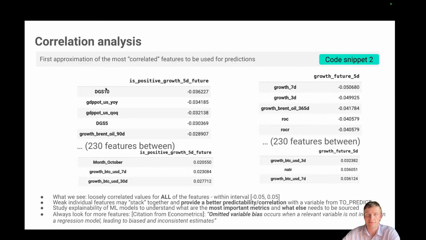So as you can see from here, the most negatively correlated features are macro DGS10, the 10-year T-bond rates, GDP potential, year-over-year and quarter-on-quarter growth, Brent growth, and oil growth in 90 days. But the thing is that the absolute number is not very close to -1 or to +1. It's actually quite close to 0. So you can guess that individually these features are not very powerful.